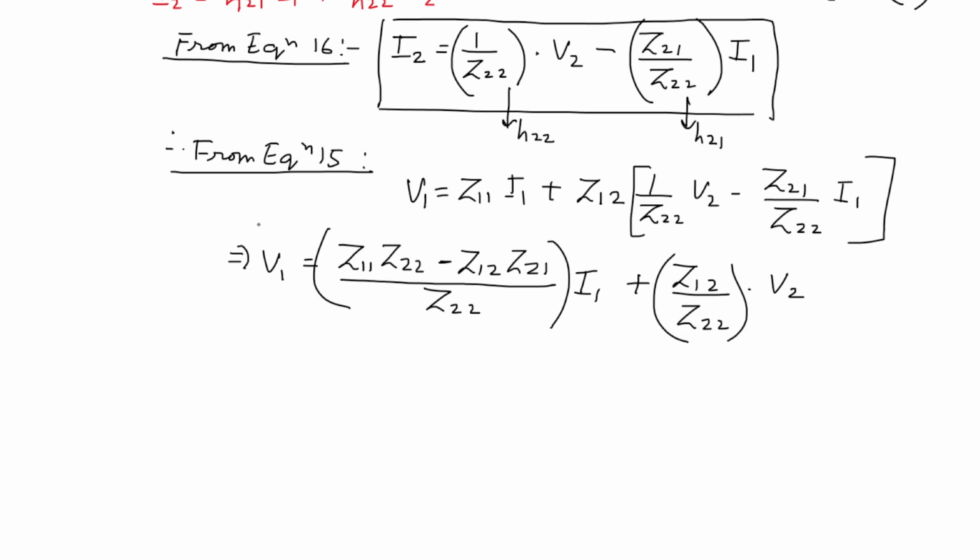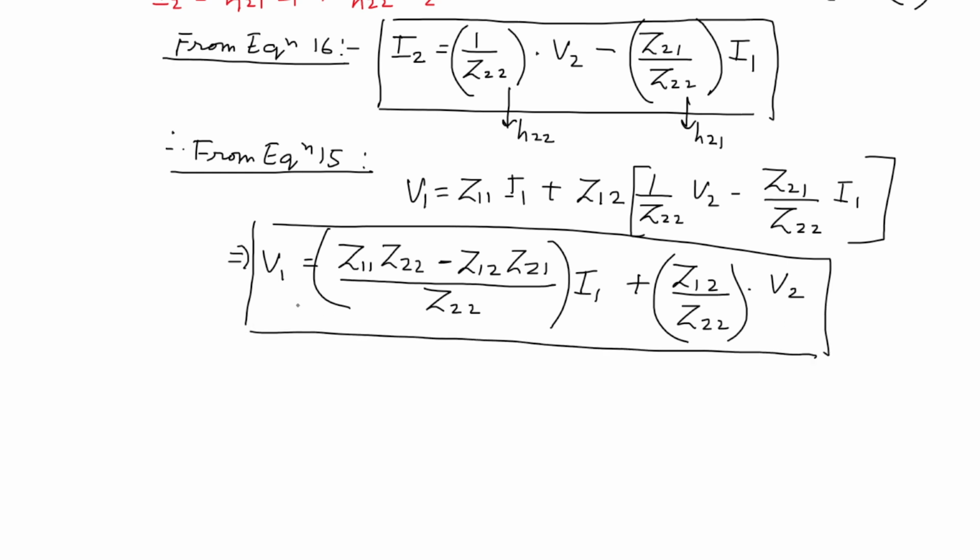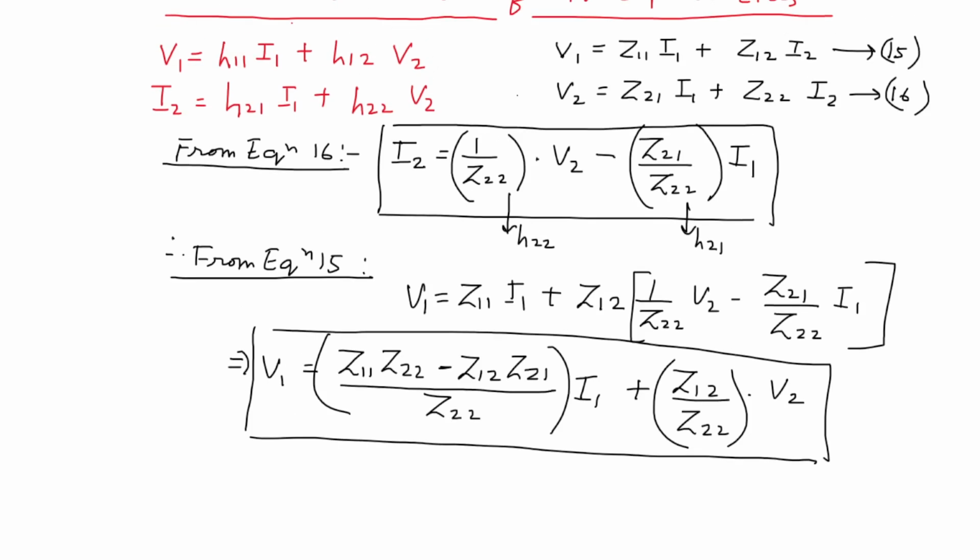So this is another equation which depicts the relationship. So you see V1 is equal to H11 I1. So this must be H11 and plus H12 V2. So this must be H12.